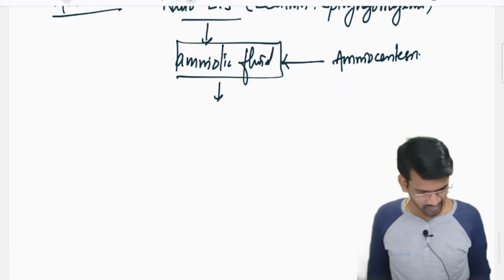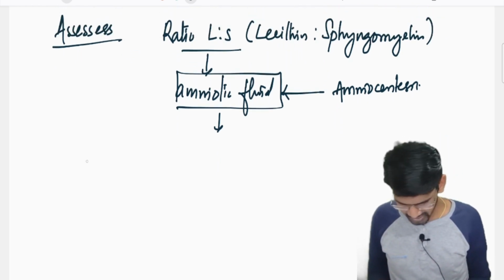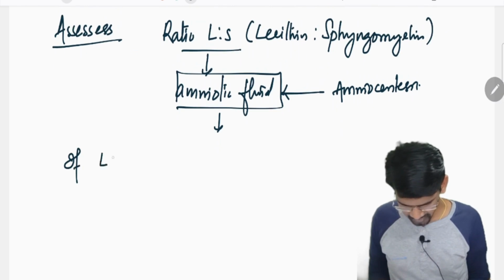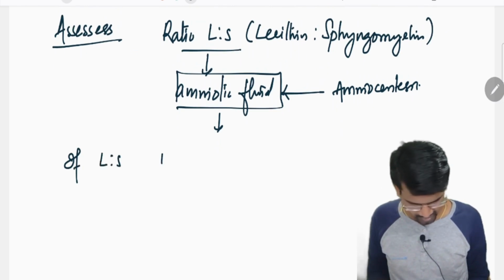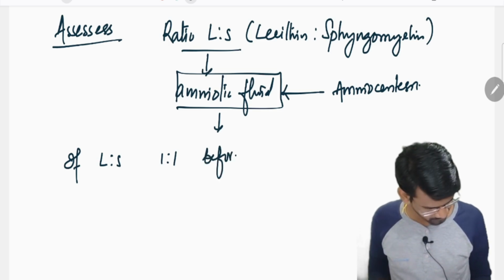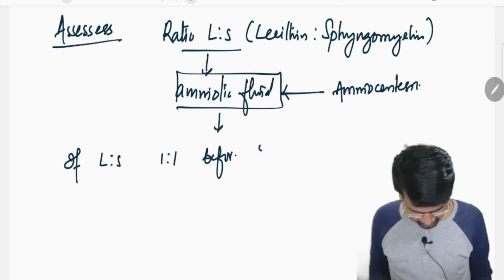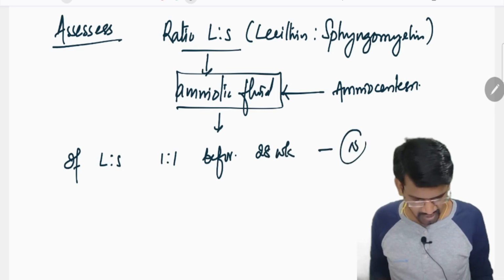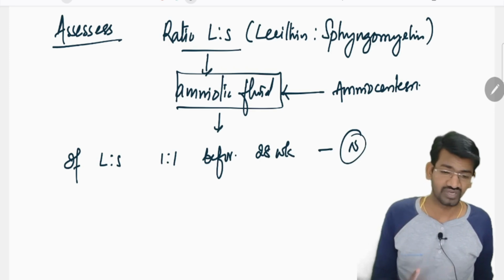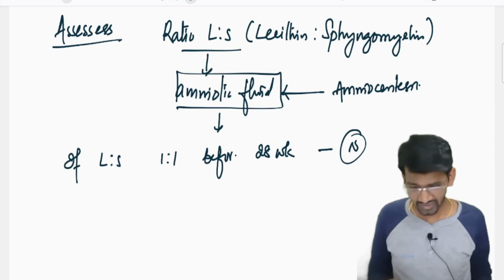So what do we consider a normal LS ratio? If the LS ratio is 1 to 1 before 28 weeks of pregnancy, it is considered normal.